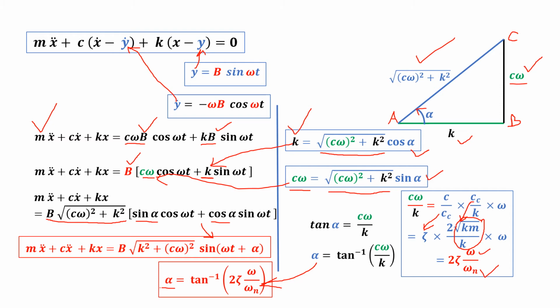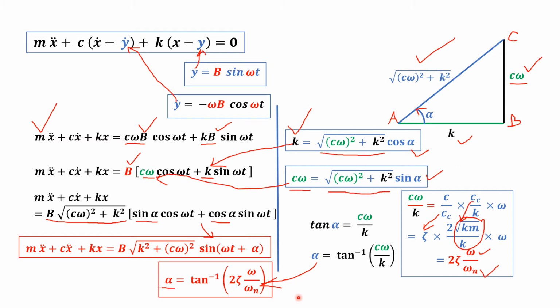Now we know the differential equation in which an angle alpha has been introduced, and alpha's value is tan inverse of 2 zeta, the damping ratio of the system, multiplied by omega by omega n, the frequency ratio.